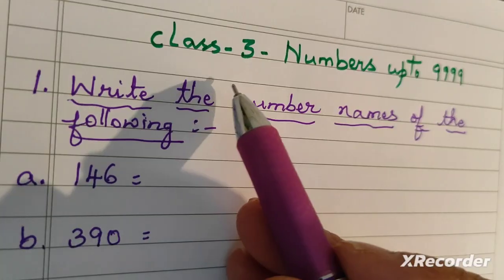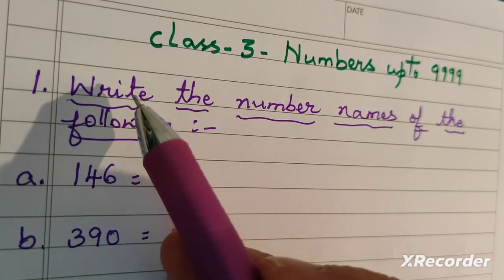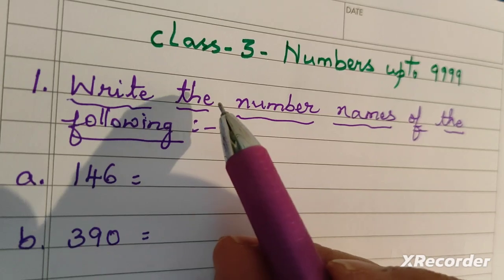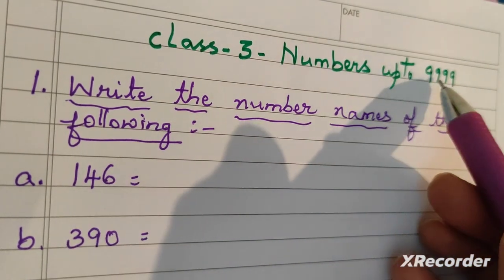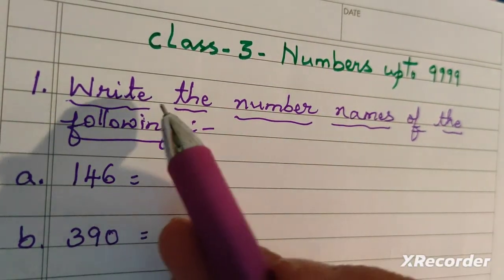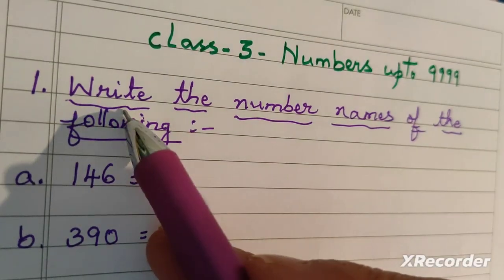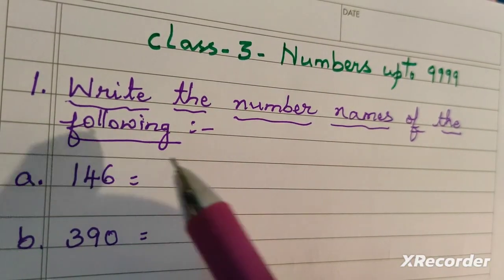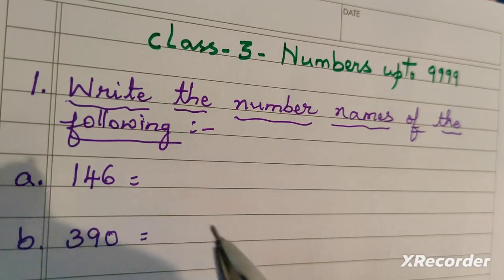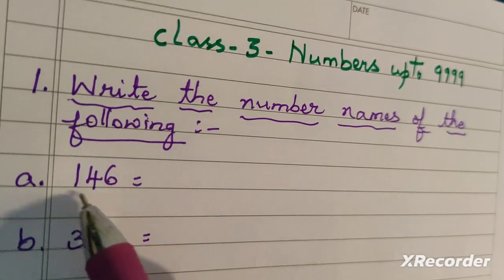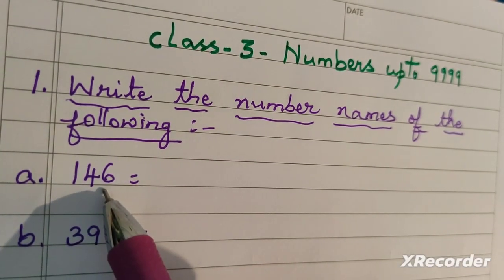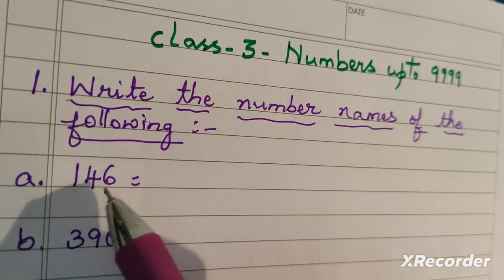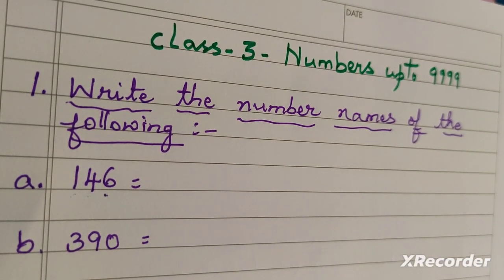Now, let us begin with the main questions which come under the numbers, 4-digit numbers. We will try to solve each. Write the number names of the following. Number names means, now these are the numbers. 1, 4, 6 are the numbers. So how do you say 146?